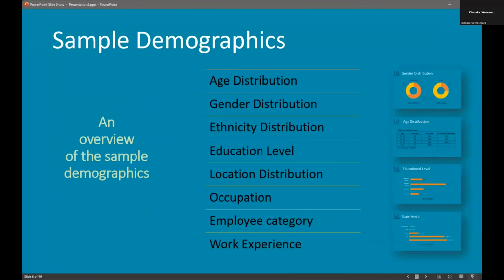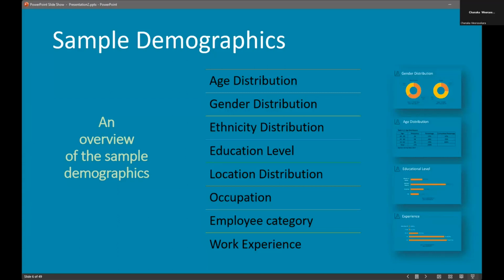What we expect the most here is to provide some data about your target population, about your sample, an overview of the sample demographics. That is the second part of the results section.